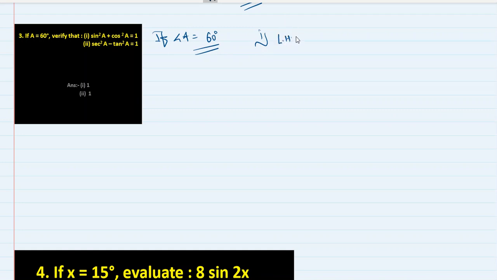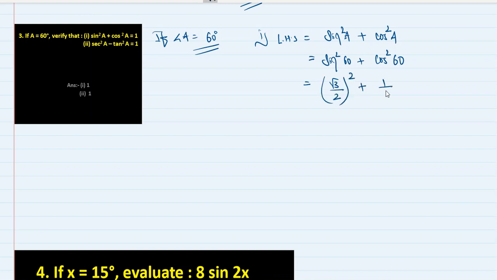So LHS is sine square A plus cos square A, which is sine square 60 plus cos square 60. Okay, what is sine 60? Root 3 by 2, but we have square, so whole square. What is cos 60? 1 by 2, the whole square. So that is 3 by 4 plus 1 by 4, which is 4 by 4, which is 1.